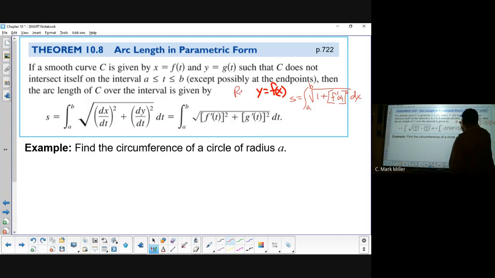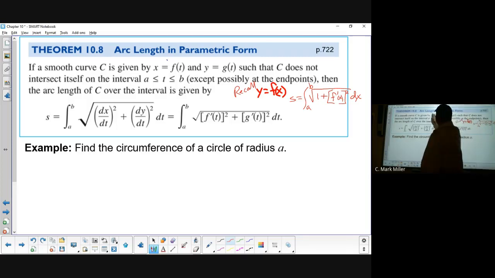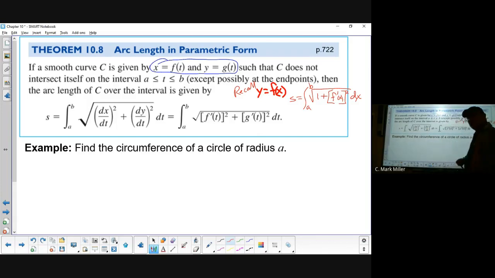Recall, we've had that. This is when it's in parametric form. Now, remember in parametric form, you have your equations in this form. And so you take their derivatives, square them, add them together, and you have to integrate what's left, right?